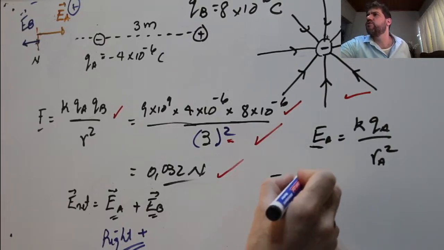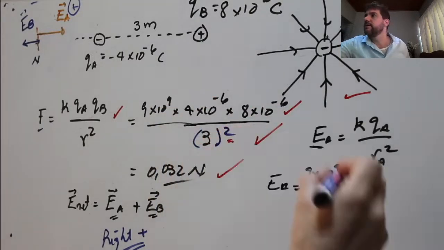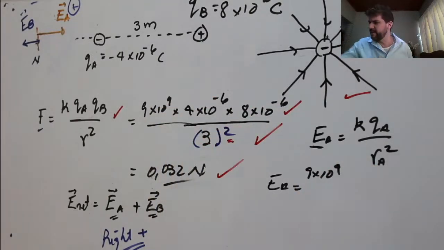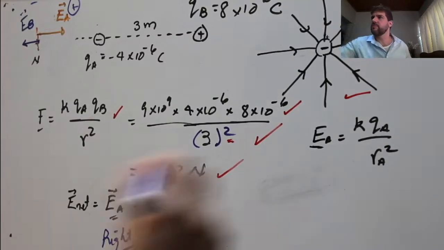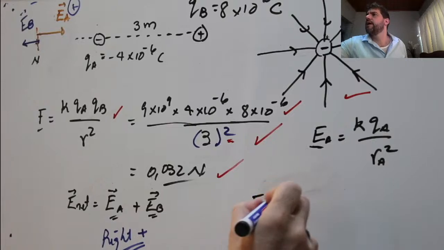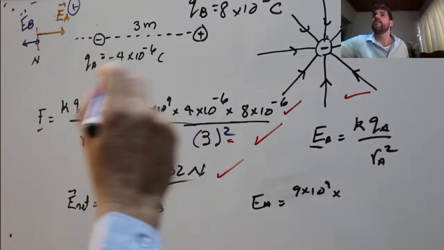EA is equal to K, 9 times 10 to the 9. All right? Let me maybe move it a little bit down, guys. We get that EA is equal to 9 times 10 to the 9 times charge A is -4.